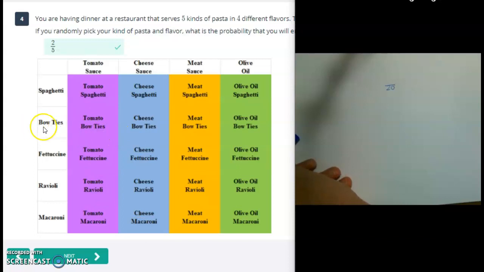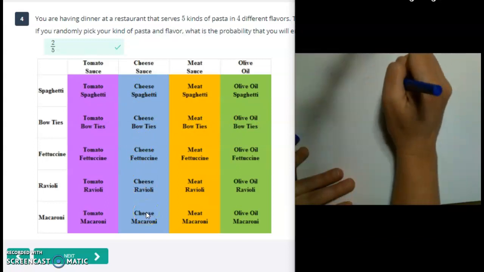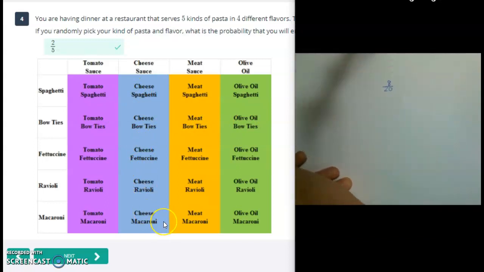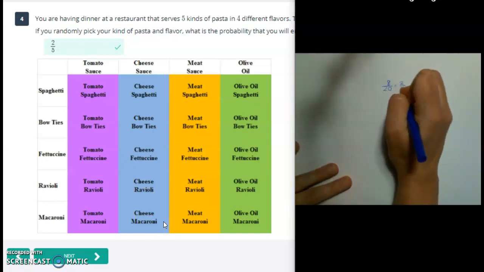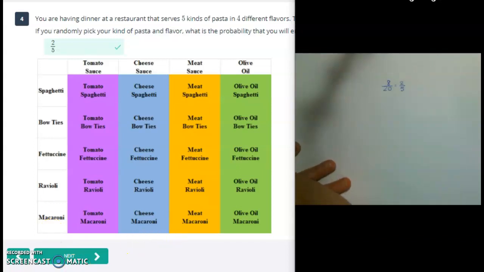If I just start here with bow ties, I've got 1, 2, 3, 4 places. Cheese sauce, I've got 1, I've already counted this, 2, 3, 4 places. This was an overlap, so this is where both would occur. But if I add those together, I have 1, 2, 3, 4, 5, 6, 7, 8 places where that event would be true. If I simplify, that becomes 2/5, and that is my answer.